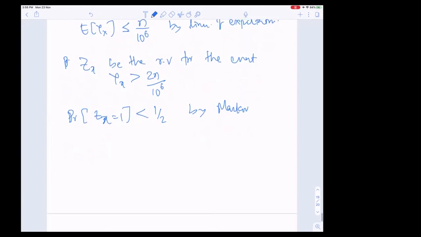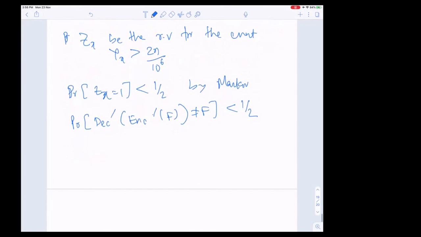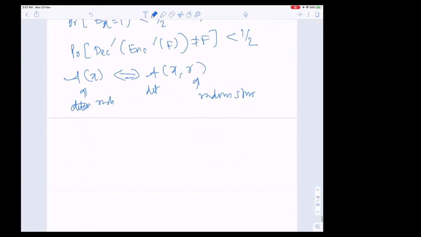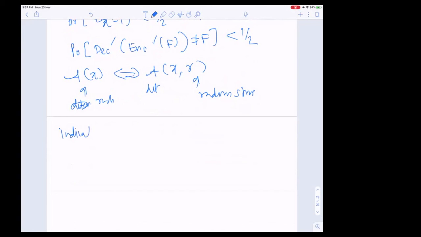Okay. So basically what this means is that the probability that decoding prime, encoding prime on some f is not equal to f is less than or equal to half. Right? So as I was telling you, any algorithm A_X, randomized, can be thought of as deterministic on X and some random string R. Now let's set up an indicator random variable.